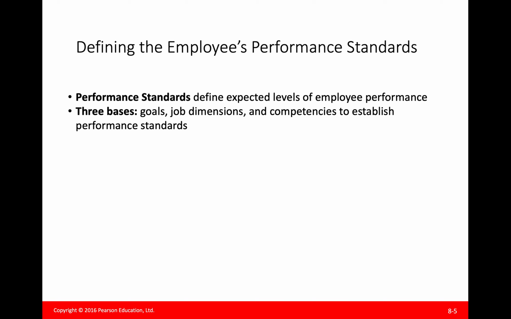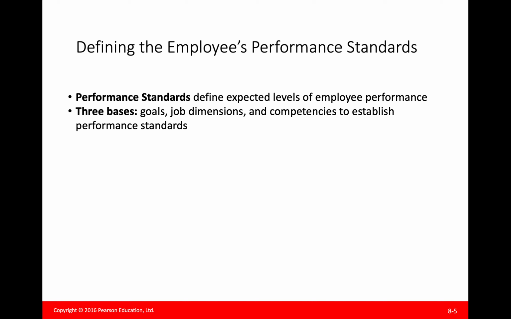For example, it will say the job requires working hours from 9 to 5 p.m. But performance standards are something different. A performance standard is something like this: between 9 and 5 p.m., you have to complete maybe 10 phone calls to potential customers. This is a standard they need to follow, and normally those standards are not mentioned in the job description.